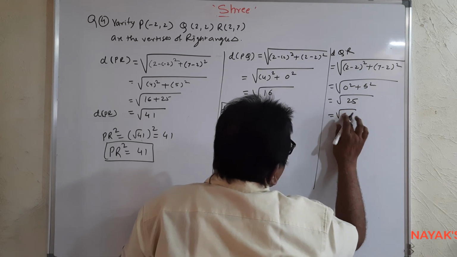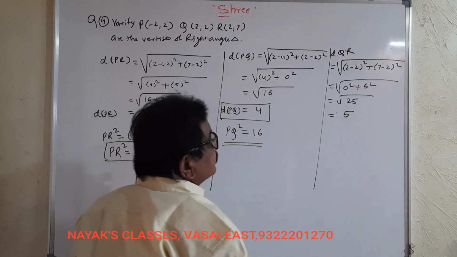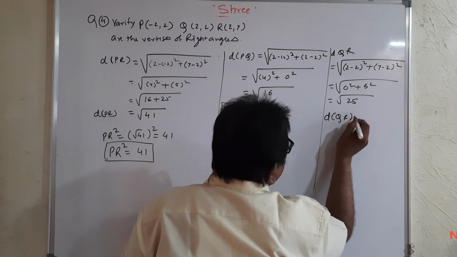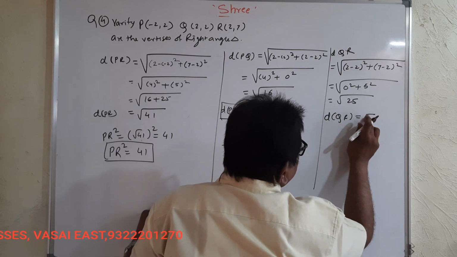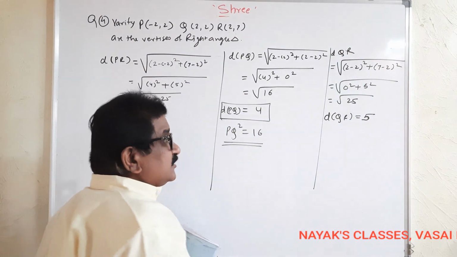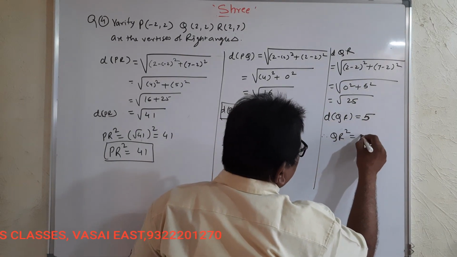So distance QR is equal to 5. And what is QR square? Therefore, QR square is equal to 25.